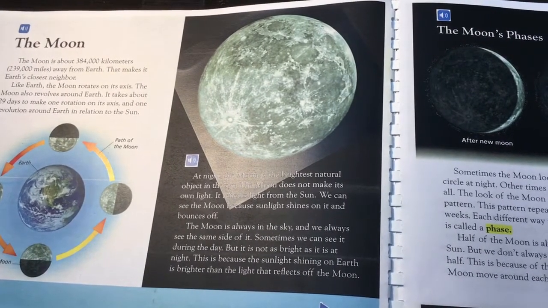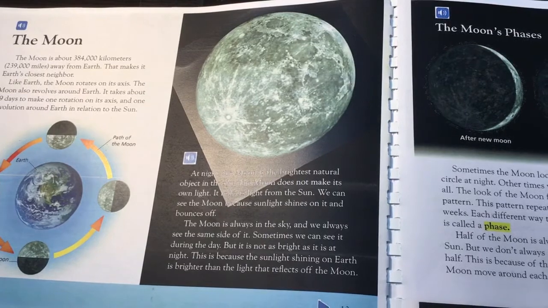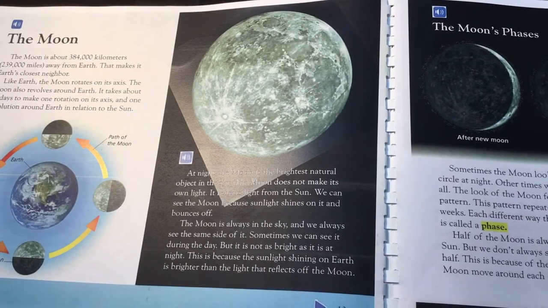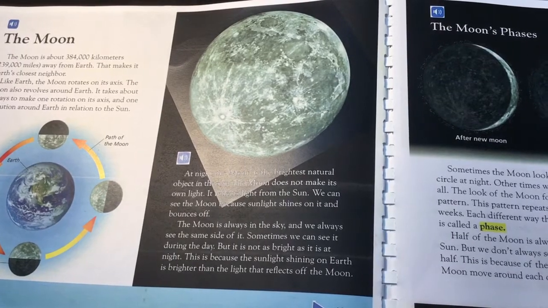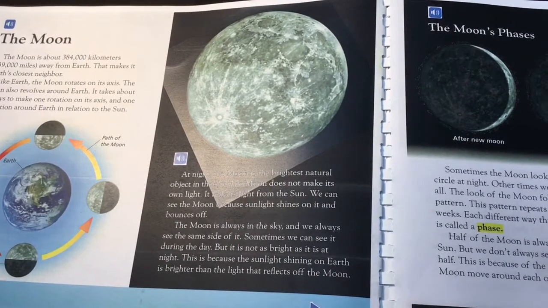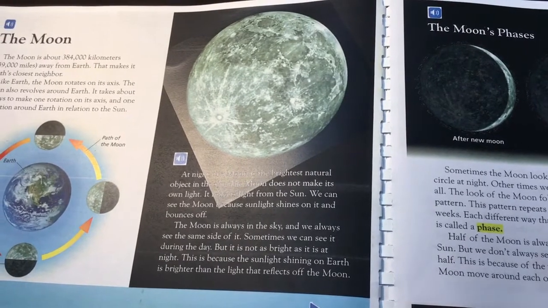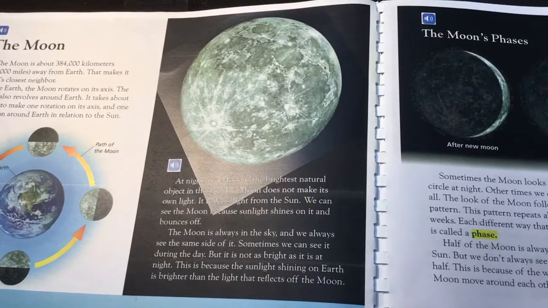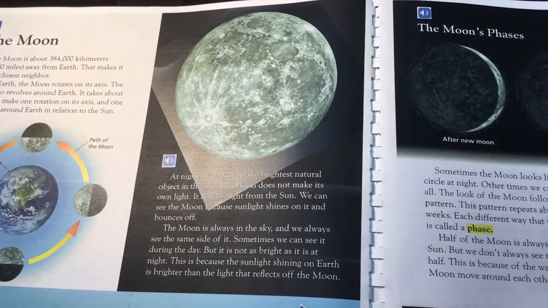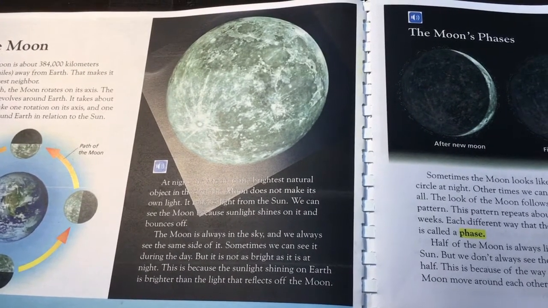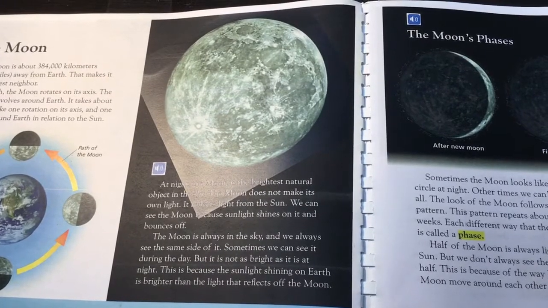The moon does not make its own light. It reflects light from the sun, and we see the moon because sunlight shines on it and bounces off. The moon is always in the sky, and we always see the same side of it.